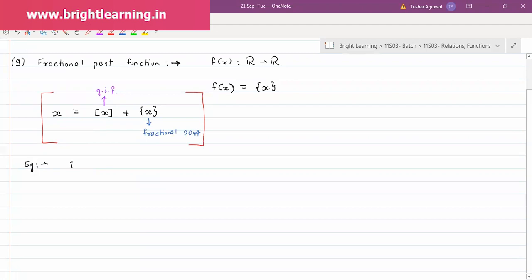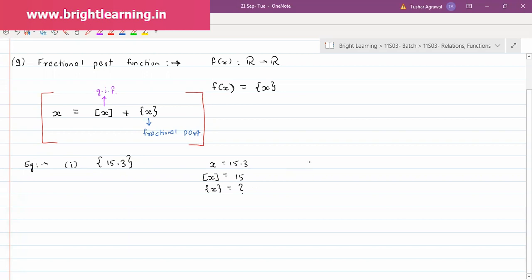Let me give an example. If I ask you to find the value of the fractional part of 15.3, how will you calculate? My x is equal to 15.3, correct? What is my step x? My step x will be equal to 15, no doubt in this. So what will be my fractional part of x?